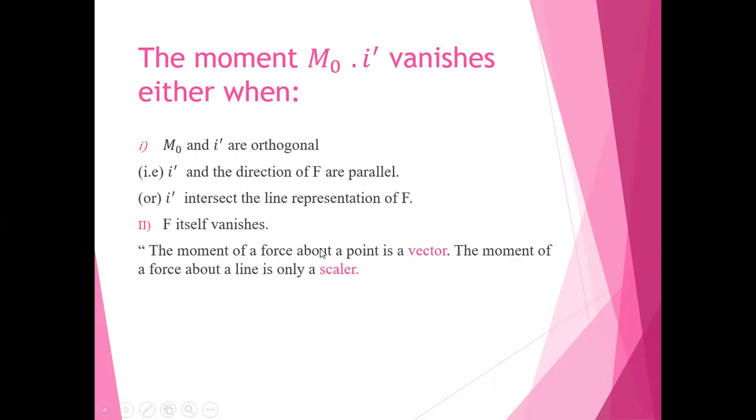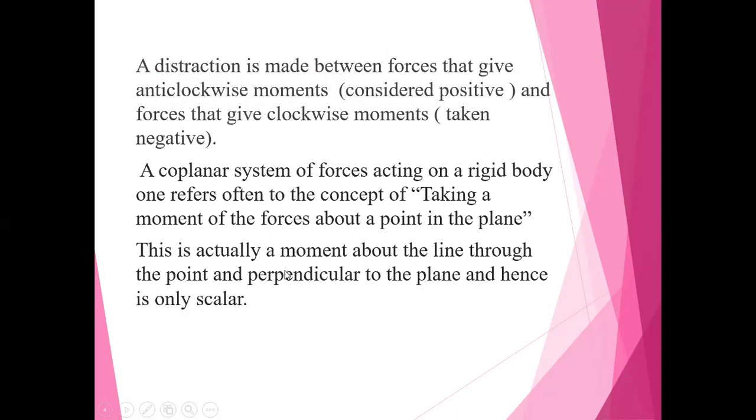The moment of a force about a point is a vector. The moment of the force about a line is only a scalar. A distinction is made between forces that give an anti-clockwise moment, which is considered positive, and those that give a clockwise moment, which is taken as negative. Therefore, for a coplanar system of forces acting on a rigid body, one often refers to taking a moment of the forces about a point in the plane.